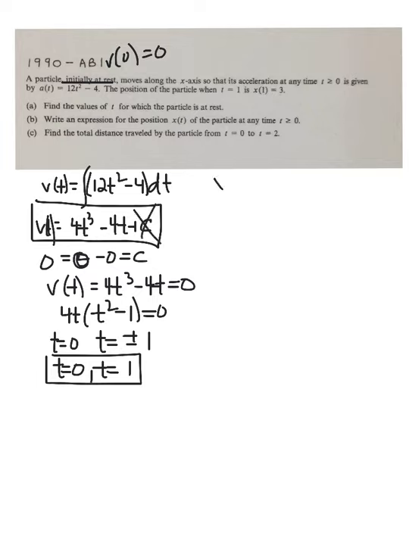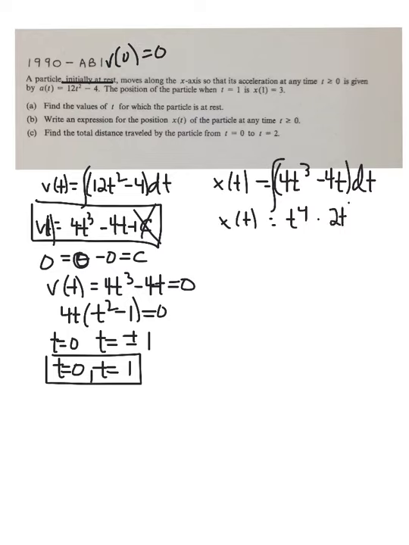To find the position equation, we integrate 4t cubed minus 4t dt. So x of t is going to be t to the 4th minus 2t squared plus c.